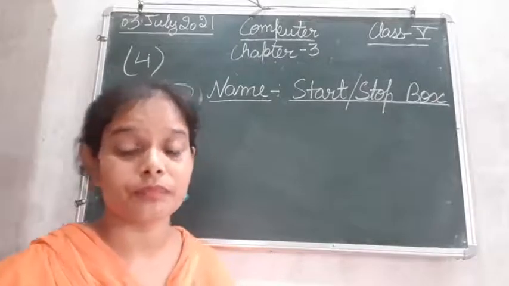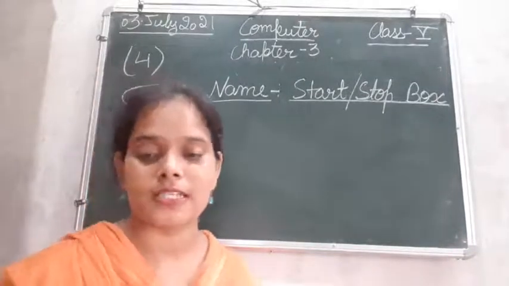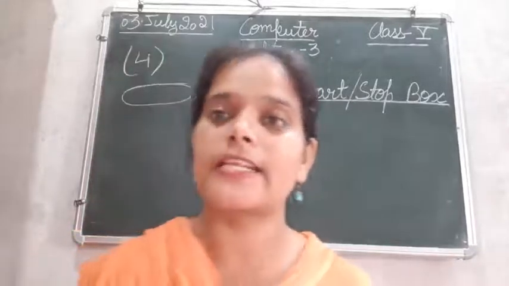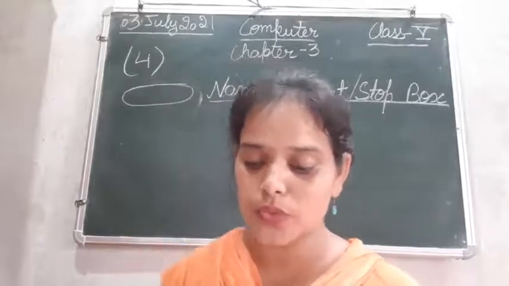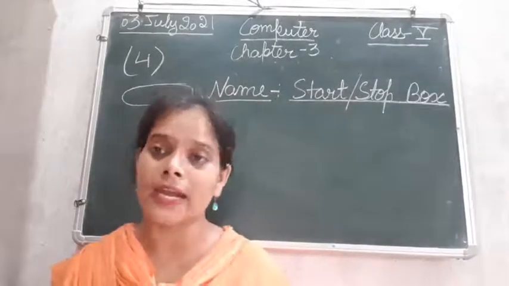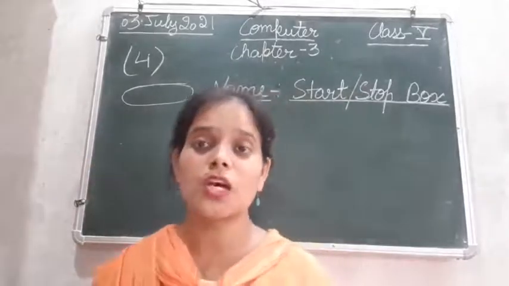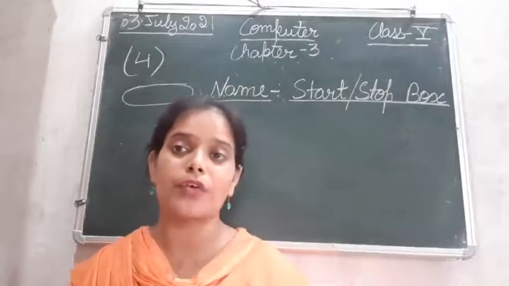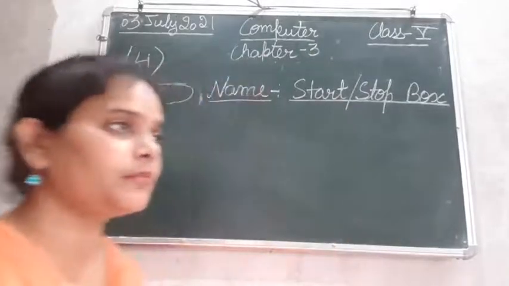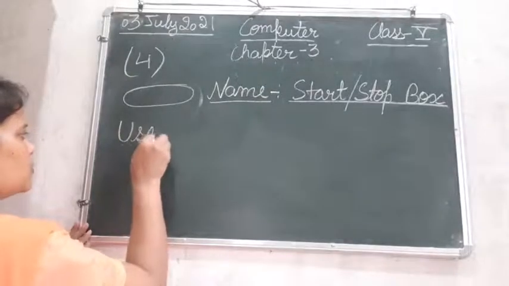Clear? Next देखिए, what is the use of this start and stop box? The use of this start and stop box is that it is used to show the starting and ending of a flow chart. So this symbol is used to show the starting and ending of a flow chart. So लिखिए, that is use. So now I'm going to write the use.